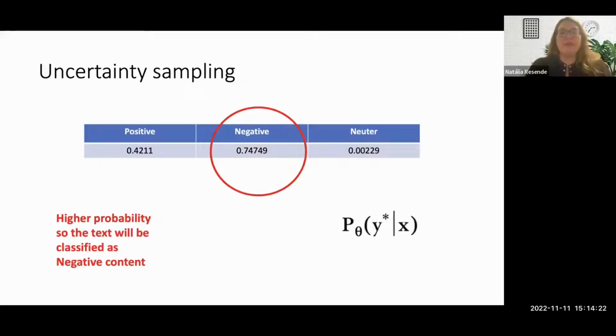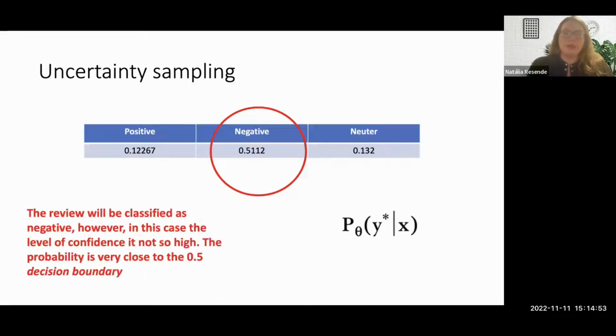So for instance, in this example, we have positive, negative, and neutral, but the highest probability is 0.747, right? So this example will be classified as negative because this is the highest probability, right?